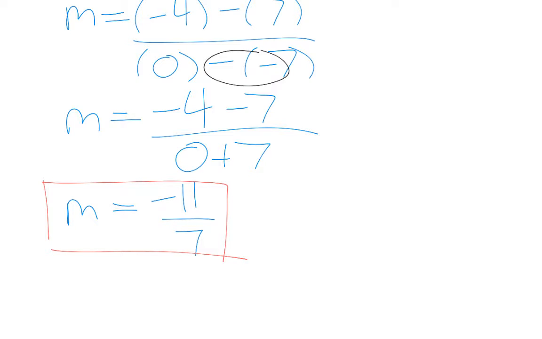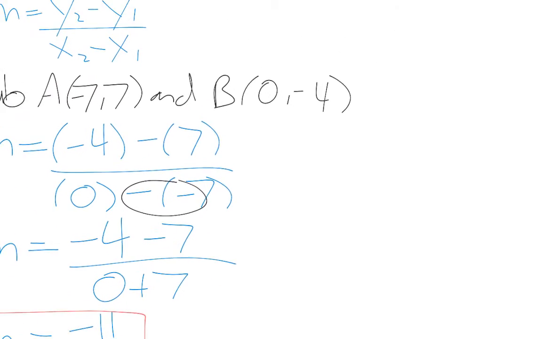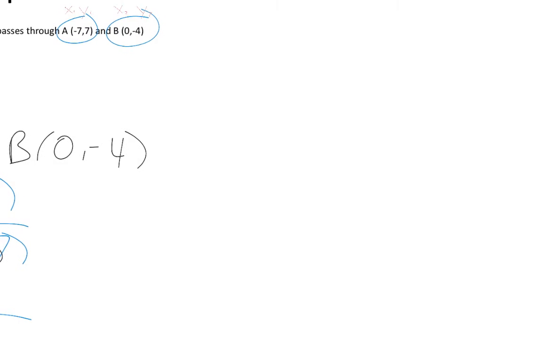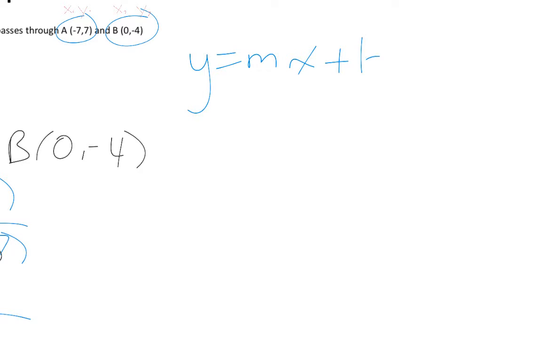We've just figured out our slope, but we still don't have the y-intercept, so let's go ahead and calculate that. Again, let's start with the general equation of a line, which is y equals mx plus b. Since we've already figured out the slope, let's substitute that in.